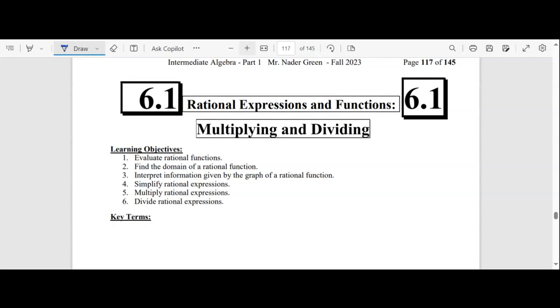Number 3, interpret information given by the graph of a rational function. Number 4, simplify rational expressions. Number 5, multiply rational expressions. Number 6, divide rational expressions. This is in section 6.1.